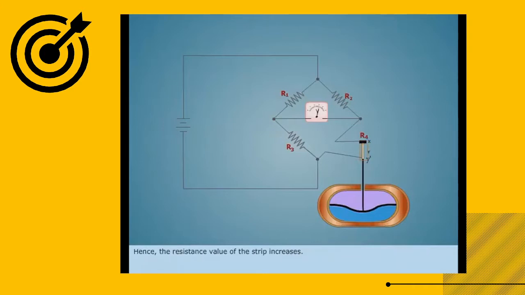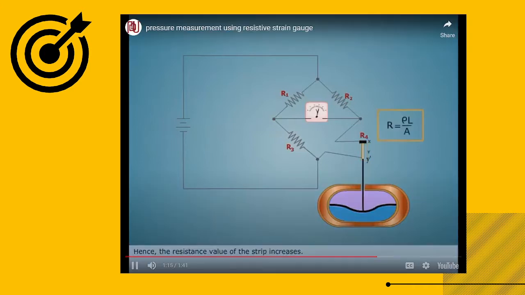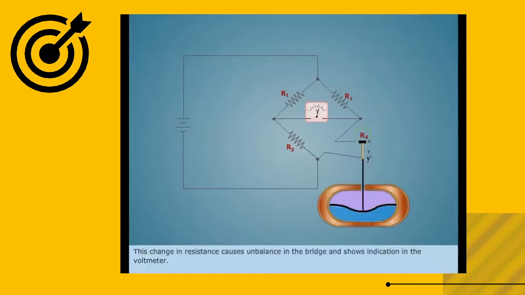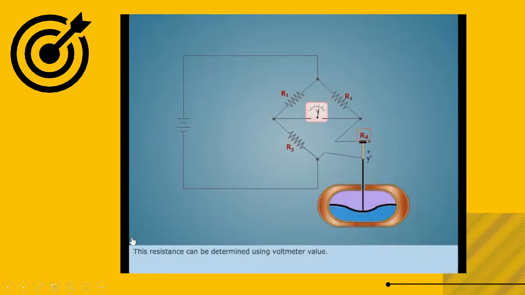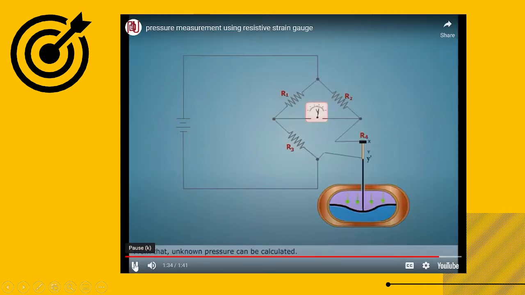Hence, the resistance value of the strip increases. This change in resistance causes unbalance in the bridge and shows indication in the voltmeter. This resistance can be determined using voltmeter value. From that, unknown pressure can be calculated.